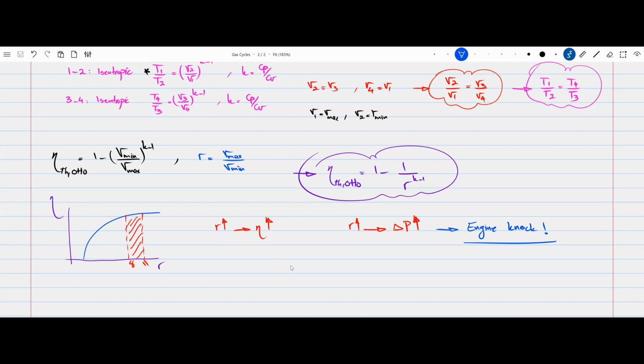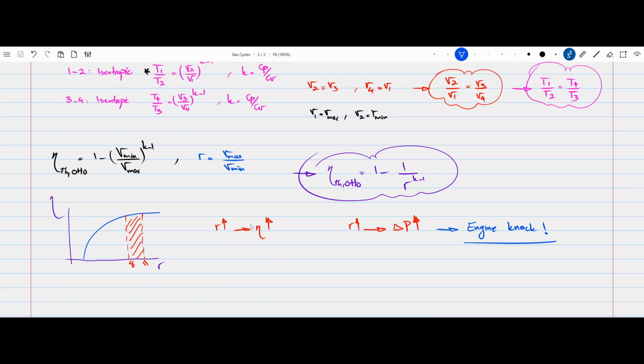Overall, the analysis of these power cycles is very, very simple. All you need to know is remembering that the working fluid is an ideal gas, and also be very comfortable with how the processes are. Two of them are isentropic, two of them are constant volume. That is all you need to know to tackle problems from this topic.